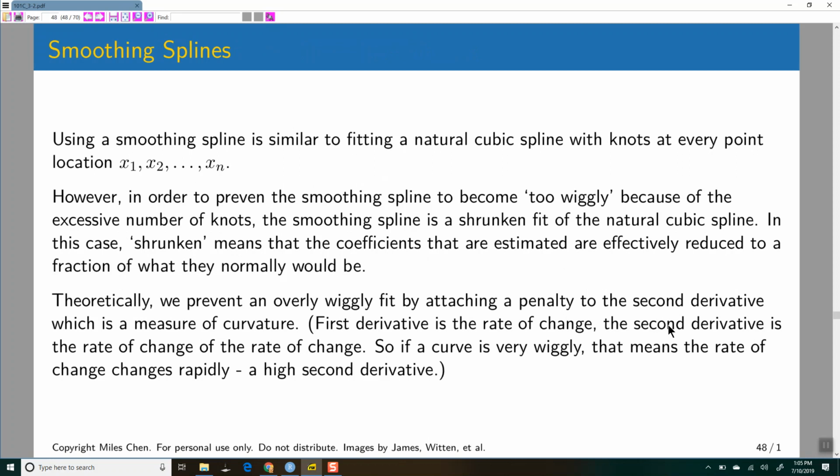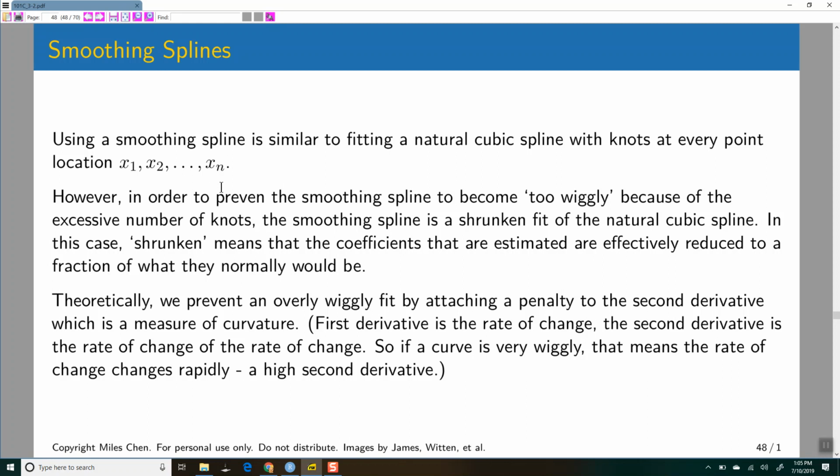Okay. So now we have another kind of spline, right? Like how many splines do we need? But this is the smoothing spline, okay? And the smoothing spline is similar to fitting a natural cubic spline where you've put a knot at every single location in the data set, and you're like, no, that's too many knots.